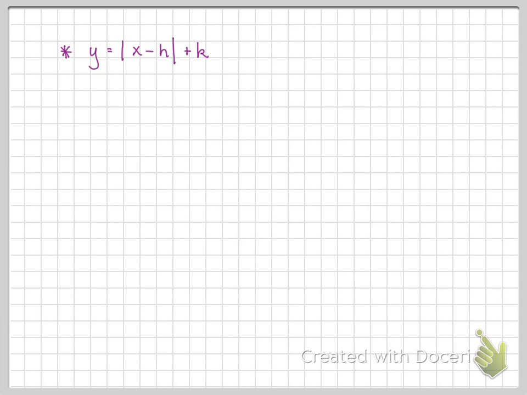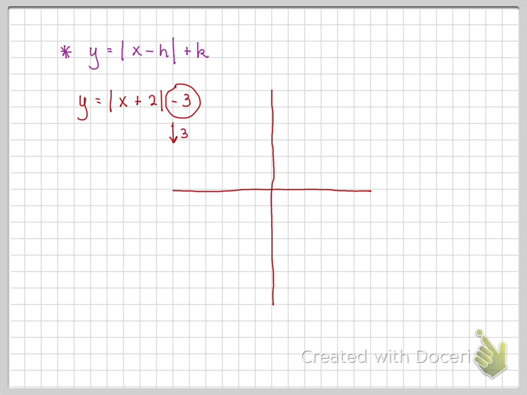So if we were to graph something that looked like, say, y is equal to the absolute value of x plus 2 minus 3, we need to decide one transformation at a time where the parent graph is moving. Let's start here because that's always the easiest place. A minus 3 means that the graph, the parent function, is moving down 3 units from its original starting point.